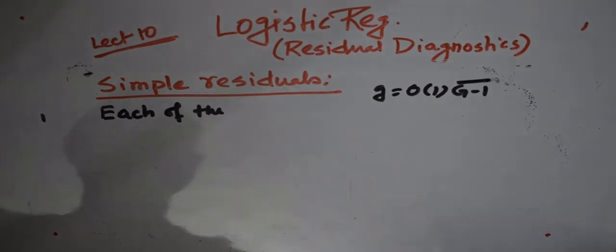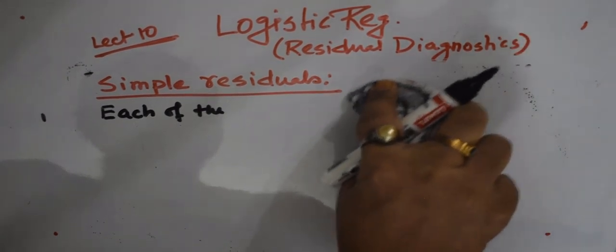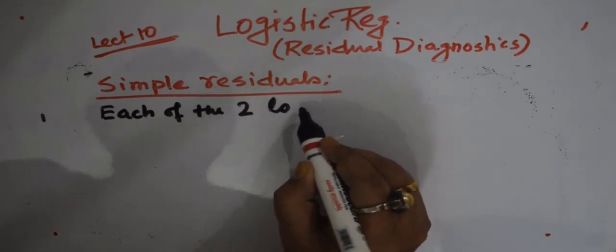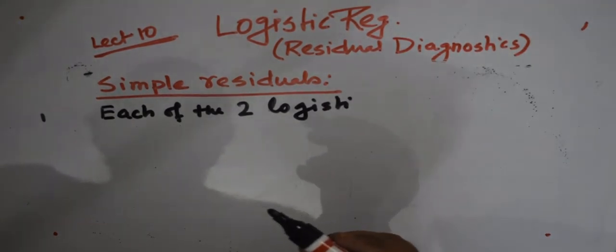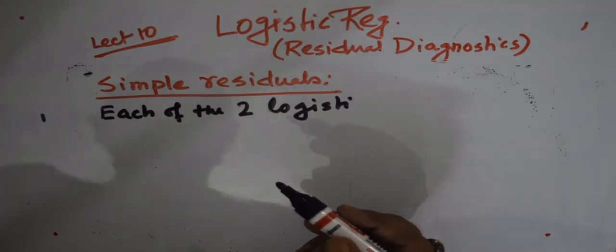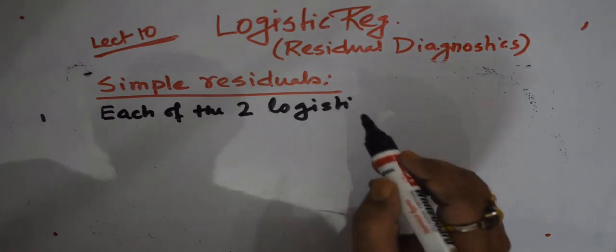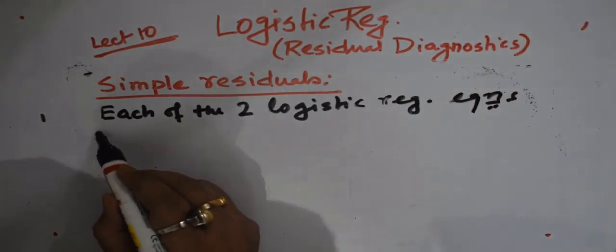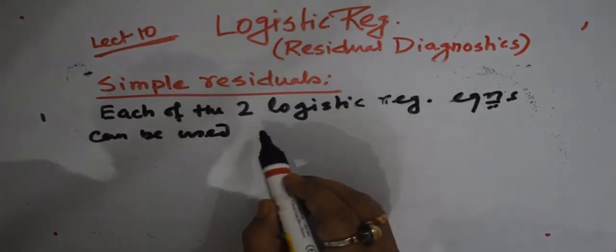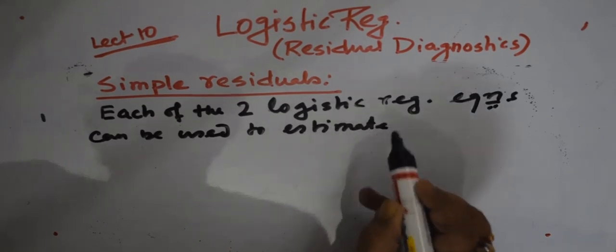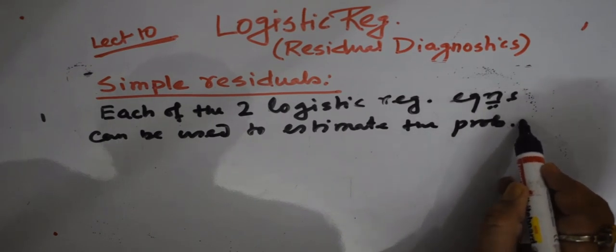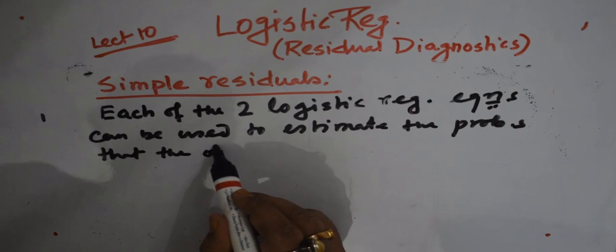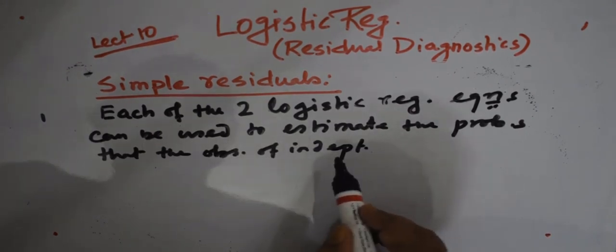So for each of the two logistic regression equations, one logistic regression for 0 and another for 1, the equation can be used to estimate the probabilities that the observation of independent or explanatory variables.